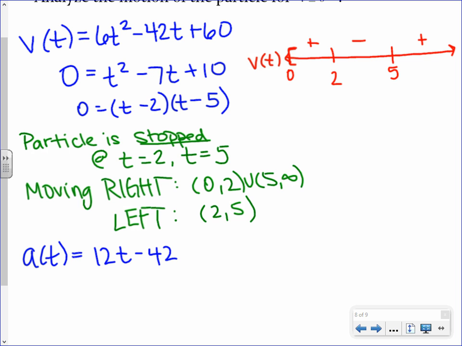I know that we're still going to get that t minus 7 in there, but if I need the acceleration at like 2, I need to be able to plug it into this to get the actual value. So we need to know where the acceleration is 0, which occurs at t equals 7 halves.